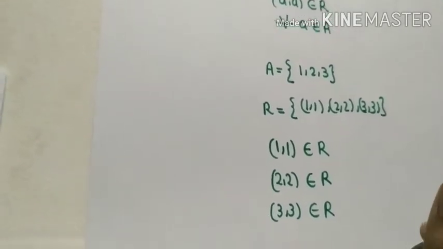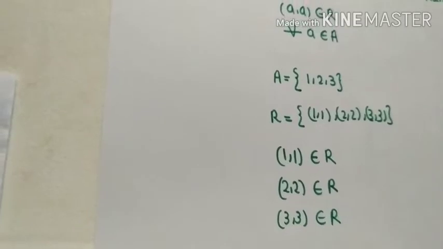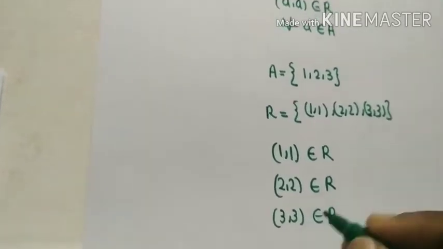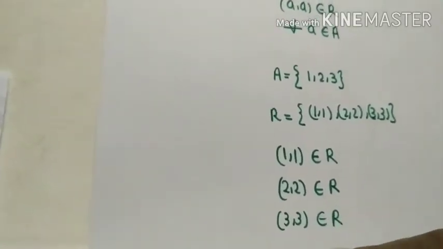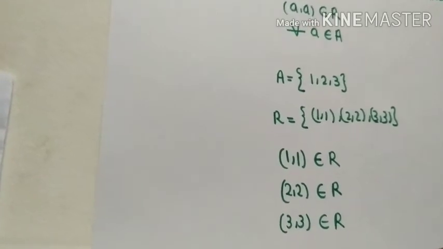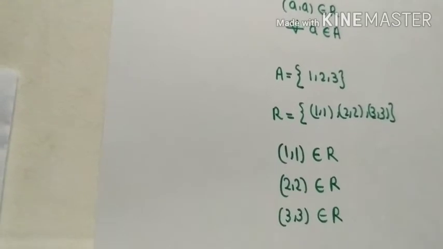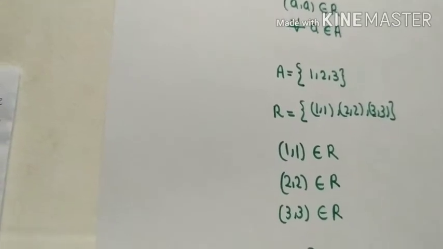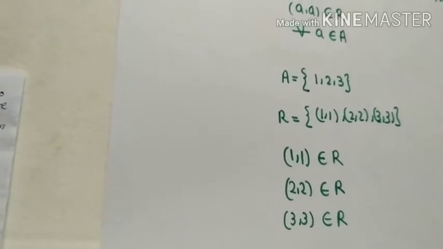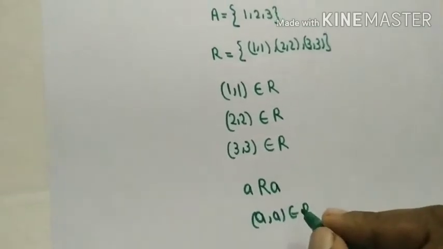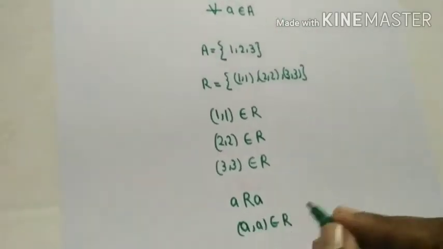In other words, you can also write it as a related to a, instead of writing (a, a) is an element of R. That is, an element is related with itself. Such a relation is said to be a reflexive relation. Okay, I hope you understood.